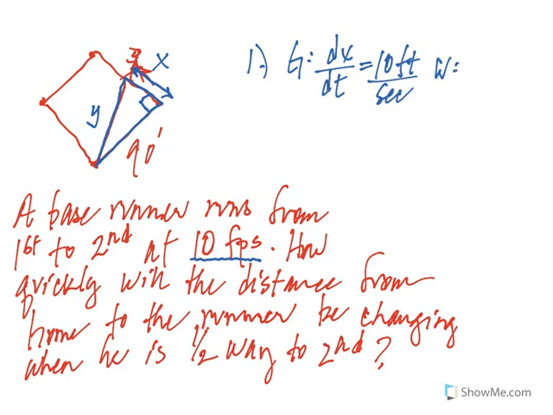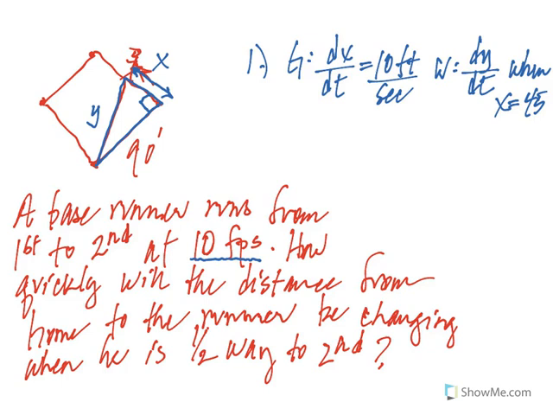I am looking for the rate at which y is changing, so I'll call that dy/dt. And I'm looking for that when x is equal to 45, because it's halfway to second base. So again, I'm focused on just x and y in that picture.